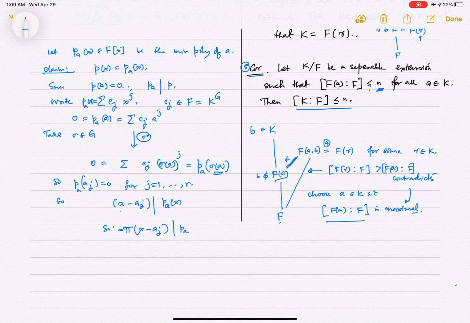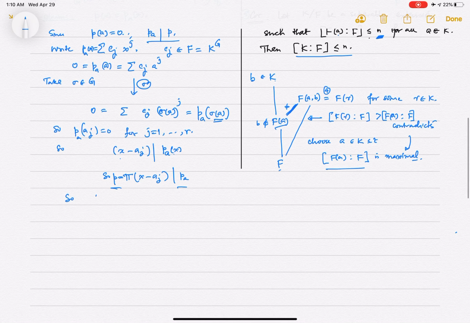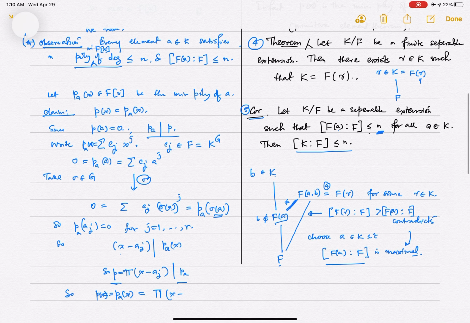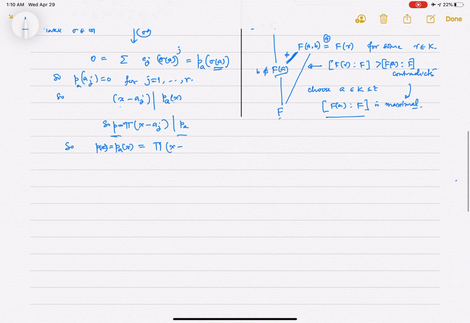Well, that's your P. So p_a divides P divides p_a, so P equals p_a. So this is the minimal polynomial. That's the proof of claim 2, by the way. We are done with this, and we record that this is the minimal polynomial of a.